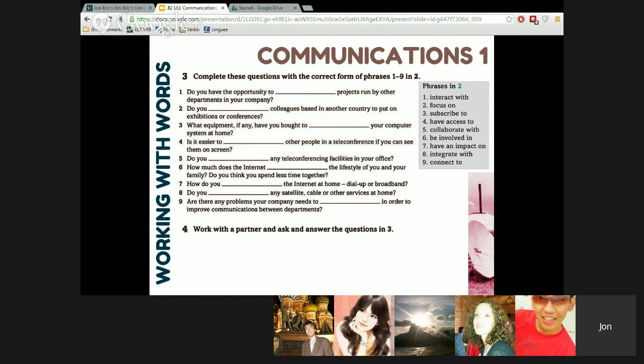No, actually, we don't really need to improve communication between departments, but we do need to improve our communication between teams because our teams are far away. Our teams are in different cities, so we need to improve our internet connection, our software, and many kinds of software that can improve communication between teams in different cities.